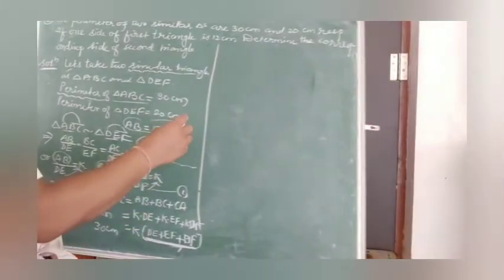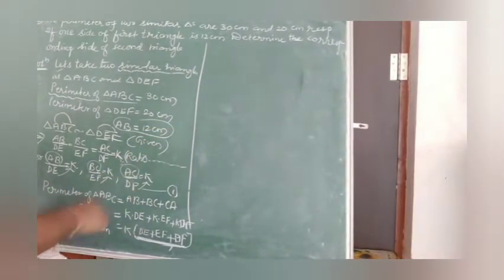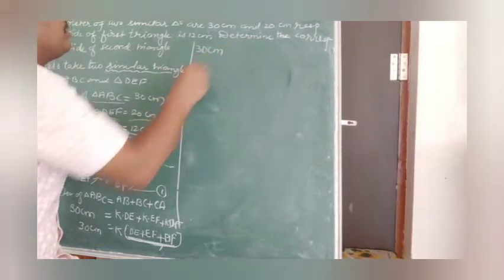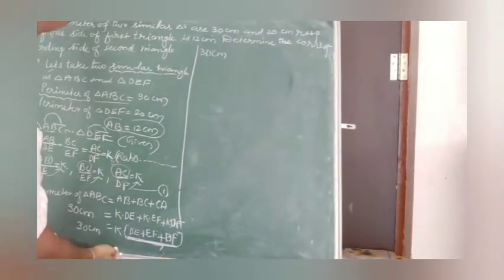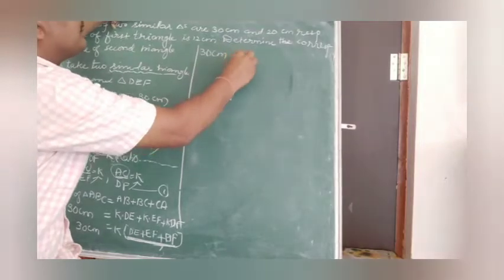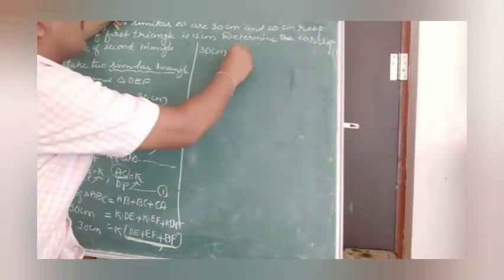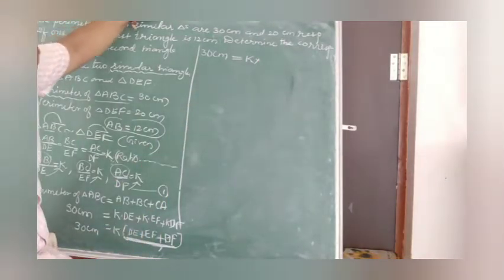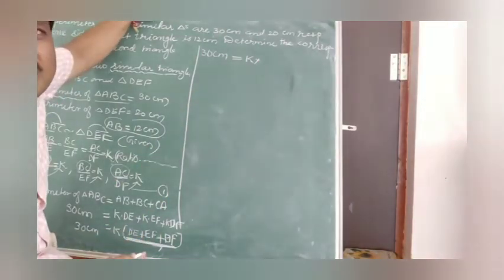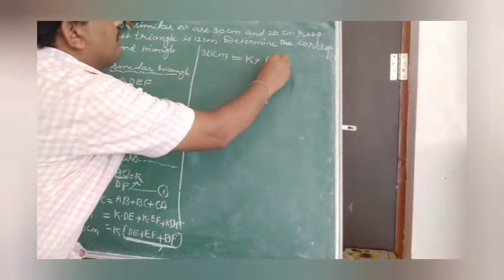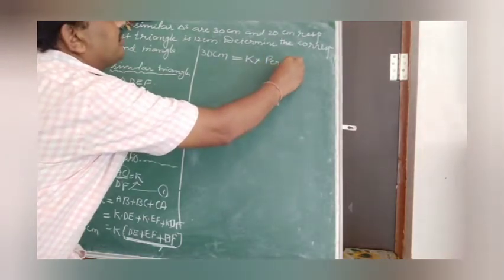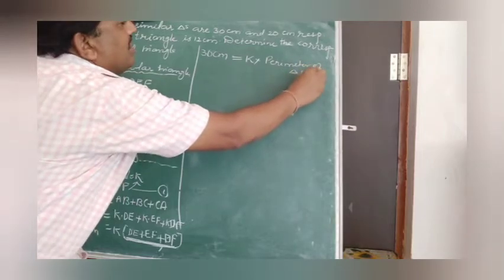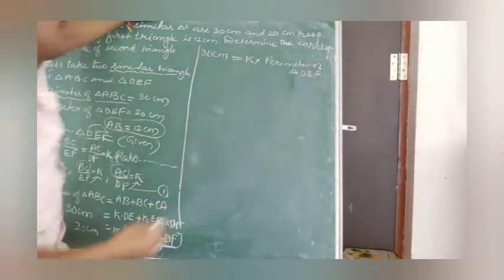So in place of DE plus EF plus DF, what can we write, children? Yes, on the left side how much value is given? 30 centimeter. 30 centimeter is equal to, on the right side, K into, in place of DE plus EF plus DF, we can write perimeter of triangle DEF, children.